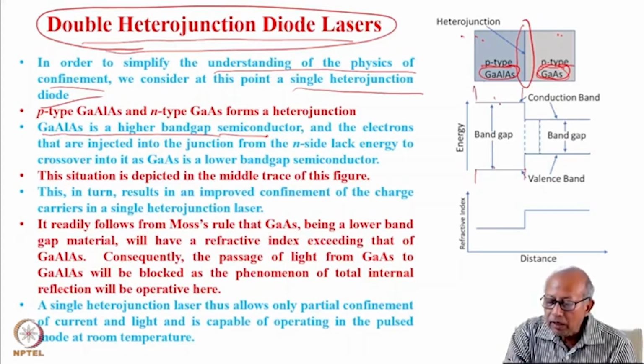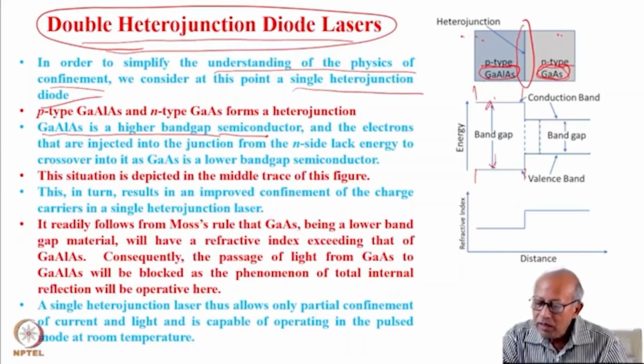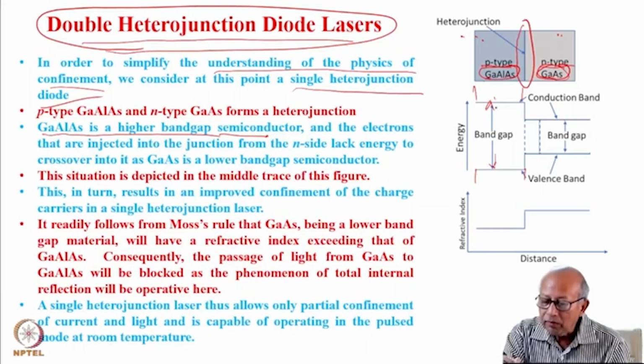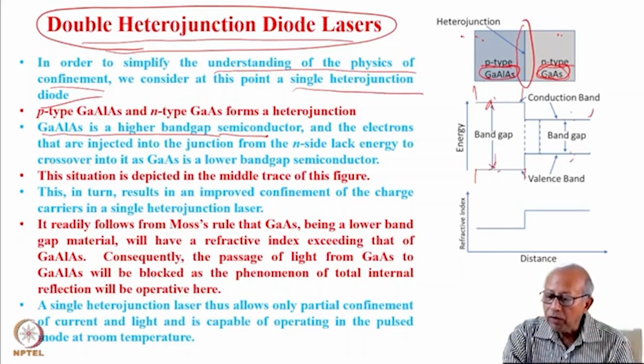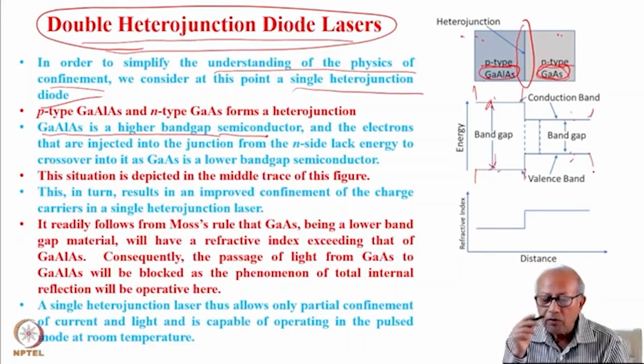So the band gap for aluminum arsenide is more than the band gap of gallium arsenide. This is the conduction band of gallium arsenide and this is the valence band. So this energy is less than this.